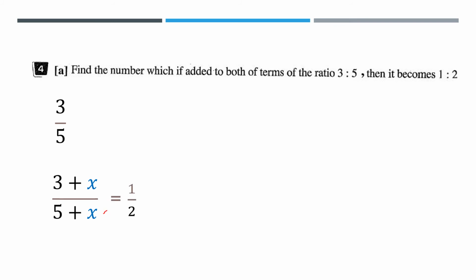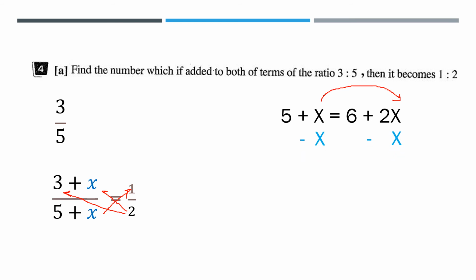So what do we do? Scissors, or cross multiplication. So 1 times 5 plus x equals 2 times 3 plus x. So 2 times 3 is 6, 2 times x is 2x. Now we start solving it. Either I move the x to the other side with a negative sign, or I will add negative x to both the sides.